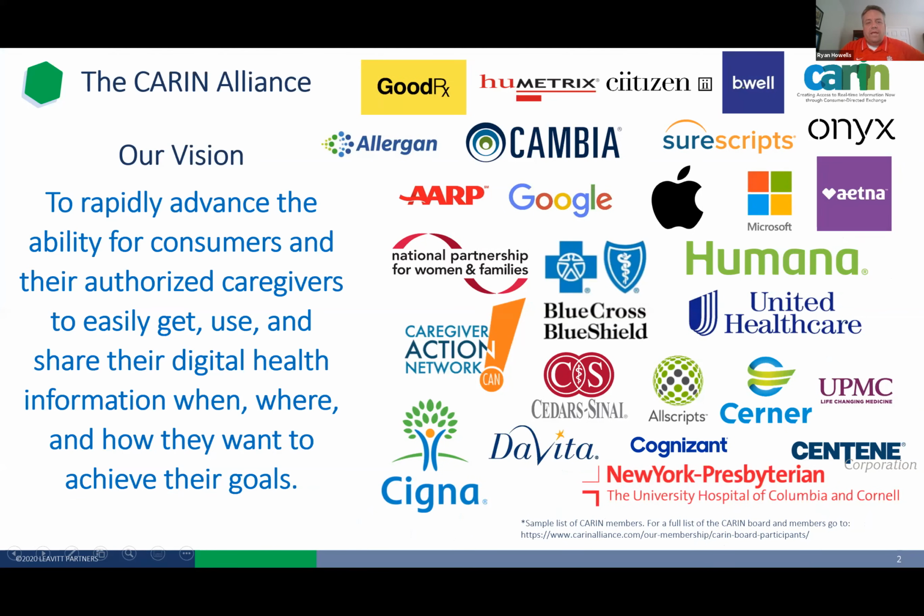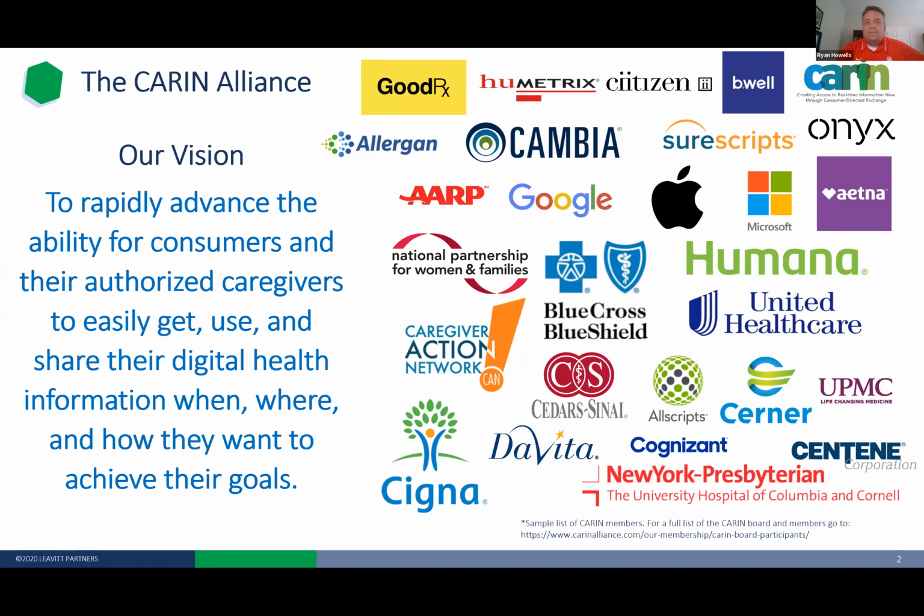Just so folks know who we are, the CARIN Alliance was formed about 4 years ago with the desire to advance the ability for consumers and their caregivers to get, use, and share their digital health information. And it is exclusively focused on business to consumer data exchange.